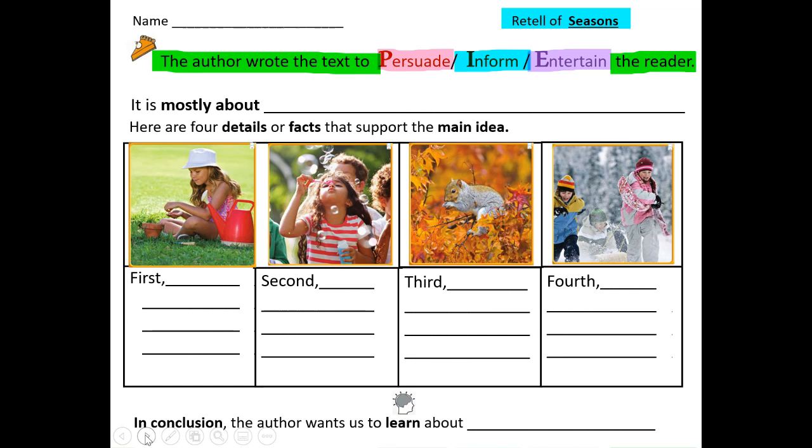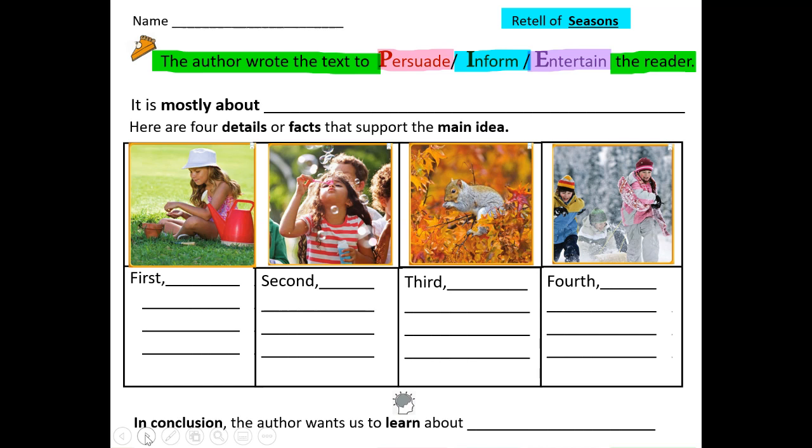So why did the author write the text Seasons? Was it to persuade the reader that summer is the best? Or was it to inform the reader of the four seasons? Or was it to entertain the reader about a funny story about winter?